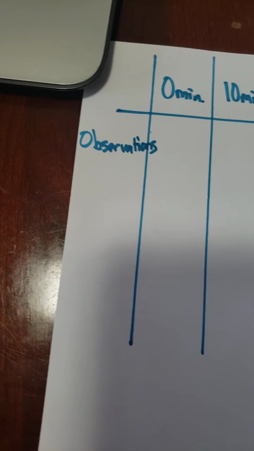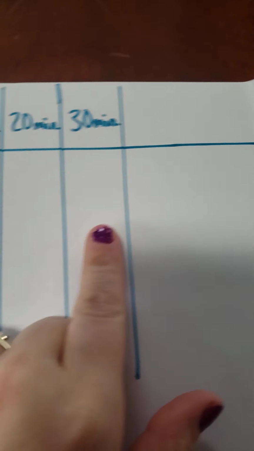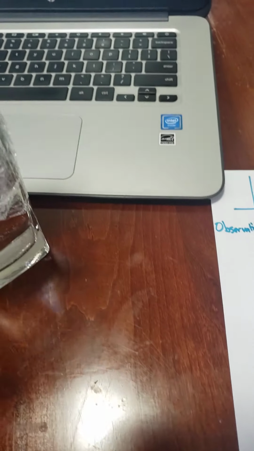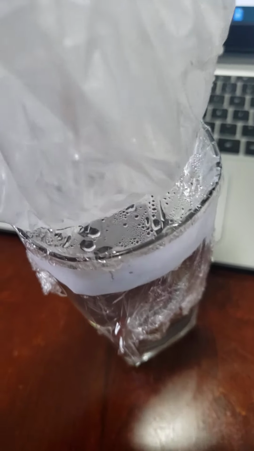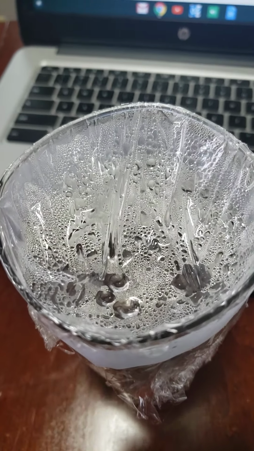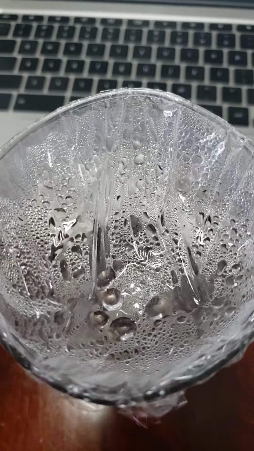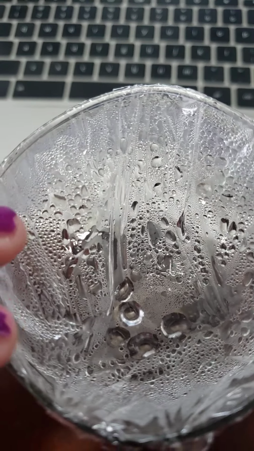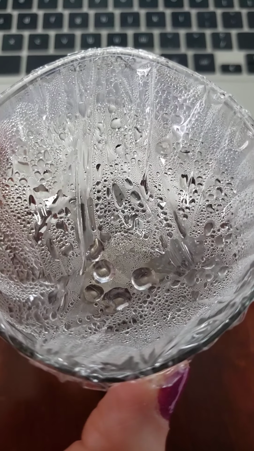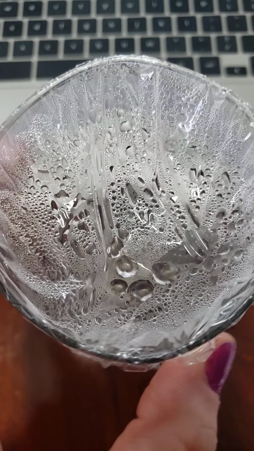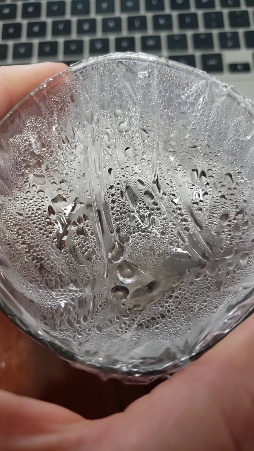All right, so we are at the 30-minute mark. If you're keeping track of your observations, that's going in right here. All right, so it looks similar. Maybe even some more water droplets have started accumulating now.